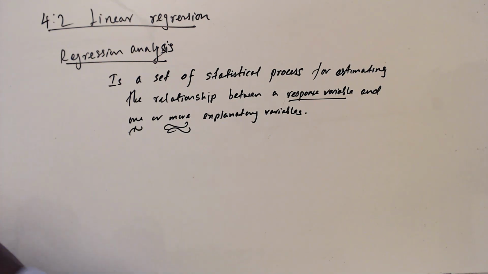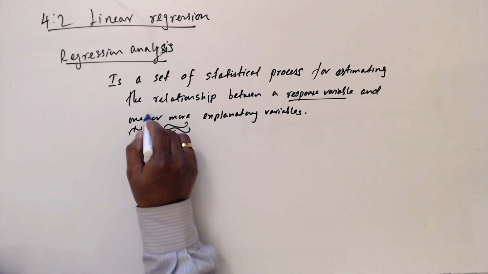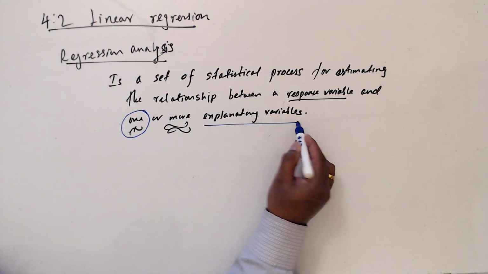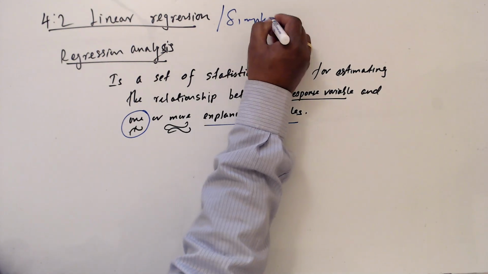Now, when it comes to linear regression, there is only one explanatory variable, so we also call this a simple regression.